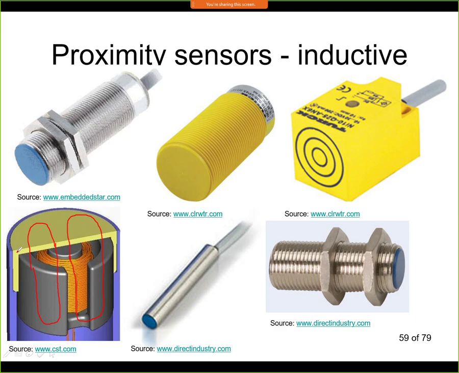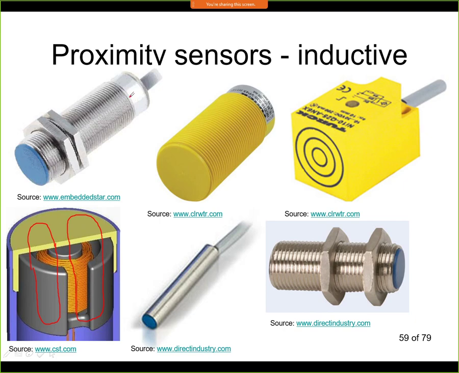In any case, the cap that we see here on top has to be from some material that is not ferromagnetic, because if it were ferromagnetic or conductive, we would guide away the magnetic field and it would not stick out from the sensor. So you can see that even here in this metallic encasing version, this is a plastic cap, and the reason is that we do not want to shield away the magnetic field.